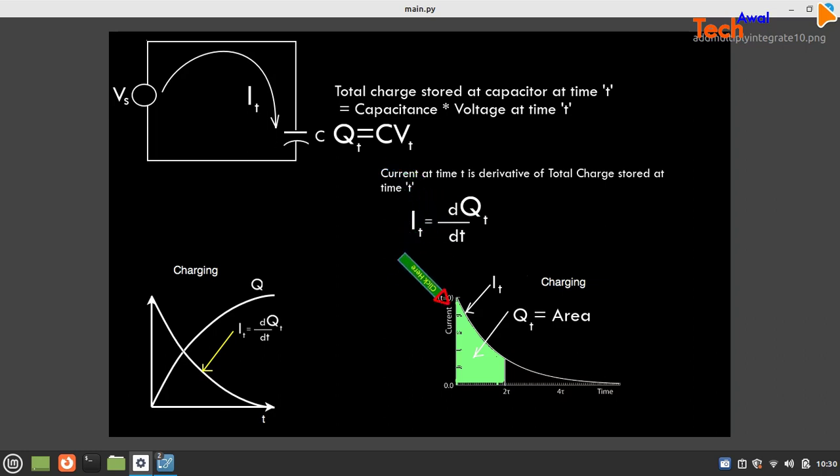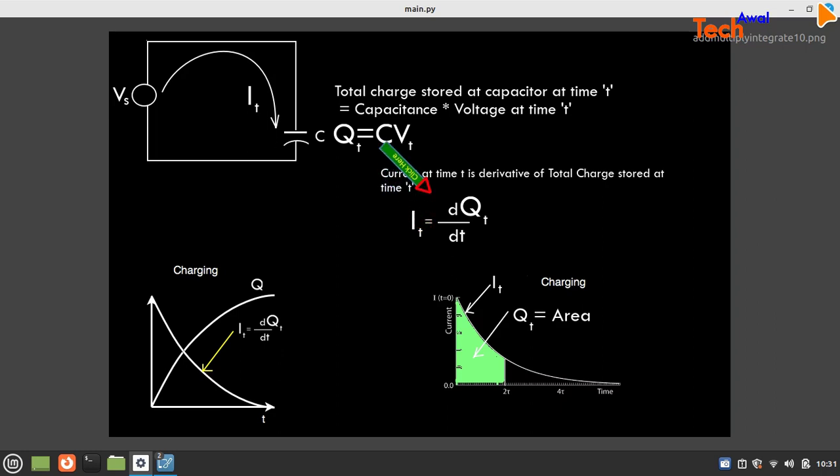If I draw the current diagram and I know the area, that means the total charge. If I know the area and I want to know the current at any moment, that is the equation of the line, then I have to differentiate. That will prove it.